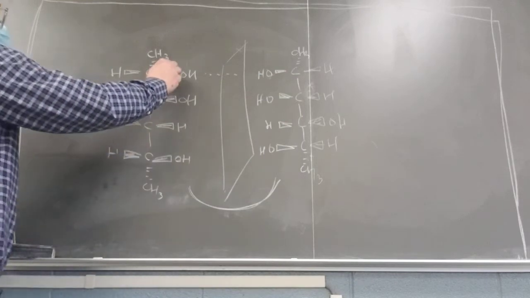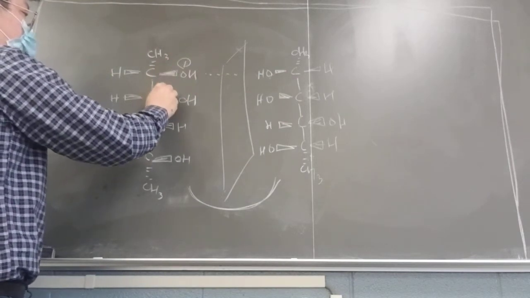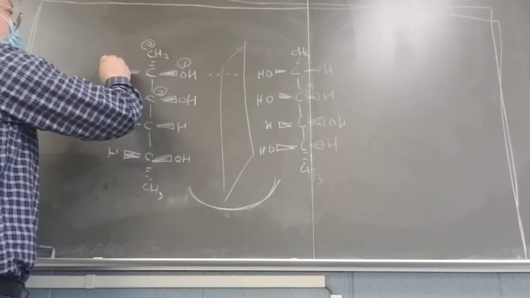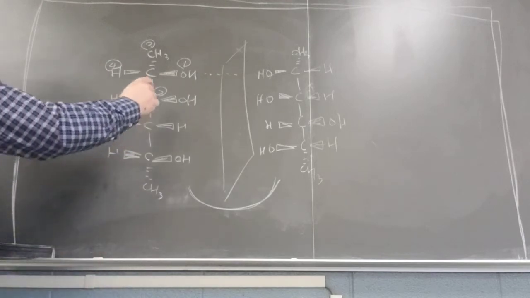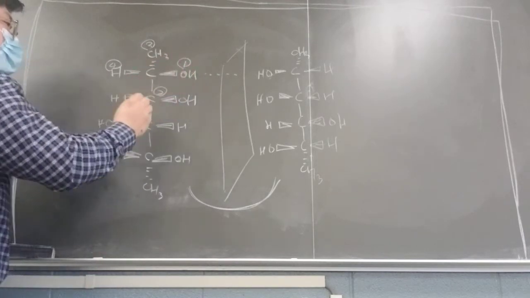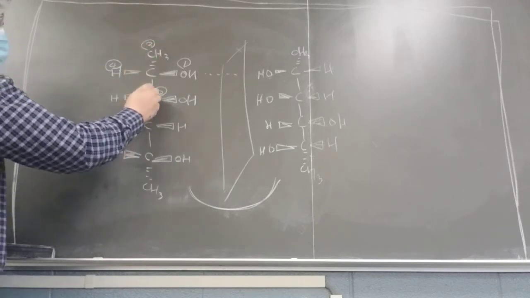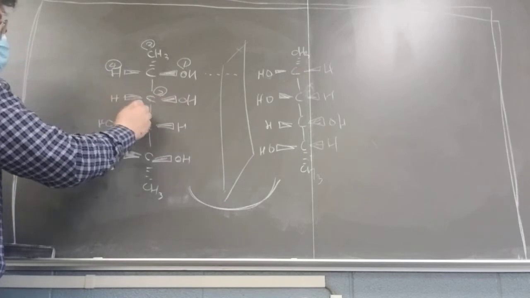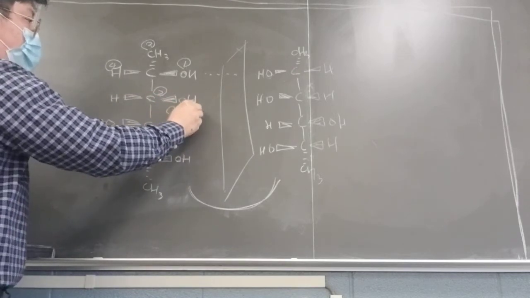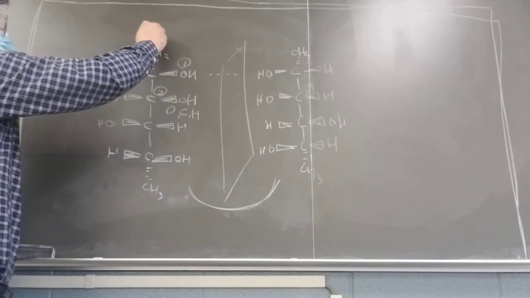So this is 1, 2, 3, and 4. We use the Cahn-Ingold-Prelog convention. So oxygen is number 1 because its atomic number is higher than those two carbons over here. These two carbons are in a tie, but this carbon is attached to oxygen, hydrogen, carbon, and this one is attached to hydrogen, hydrogen, hydrogen.